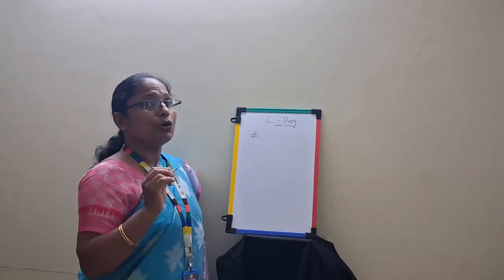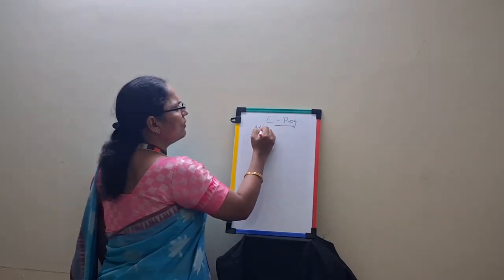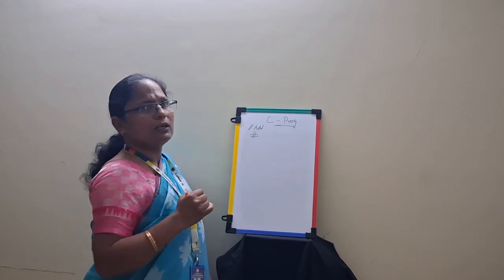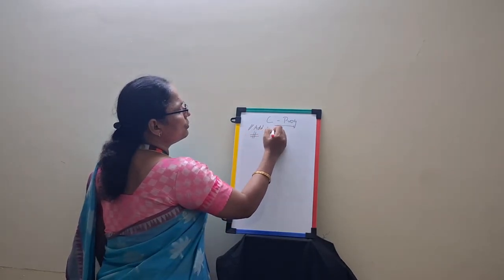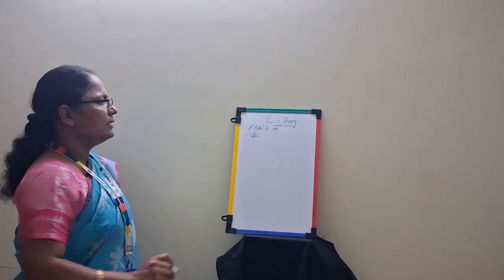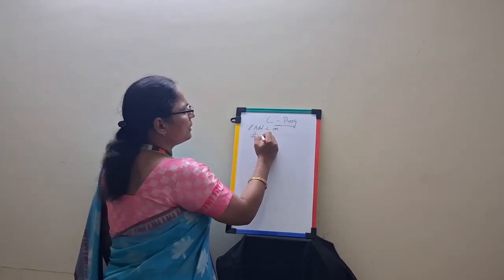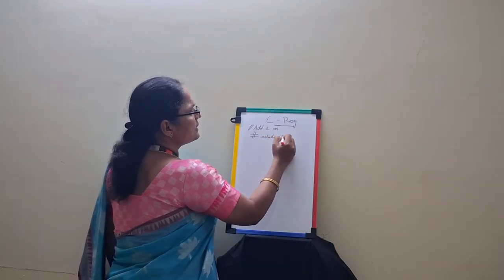The first one is the documentation section. I said we have to give a double slash, add two numbers. Then we have hash include stdio.h.